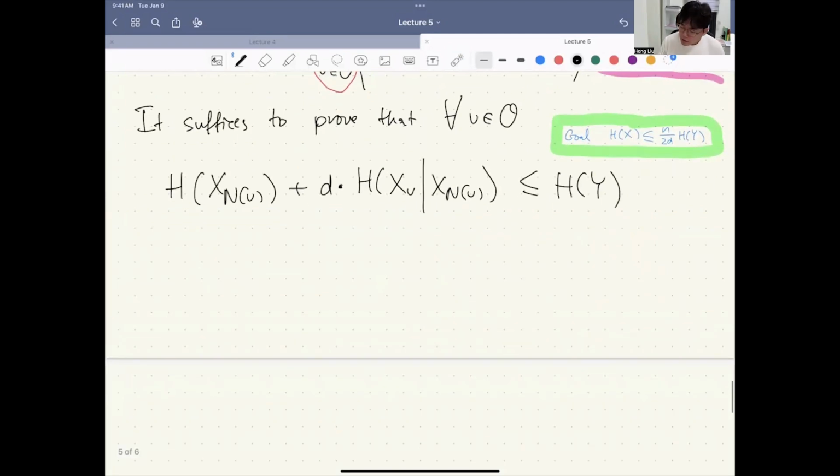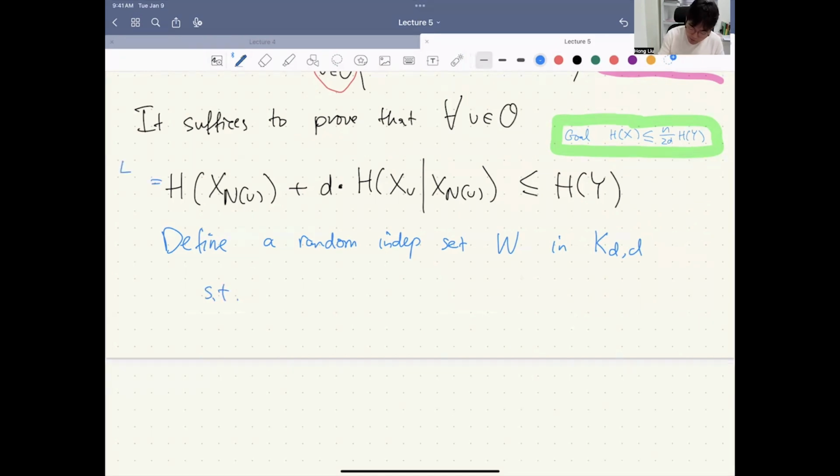And the idea is to define some distribution over independent sets W in K_{D,D}, such that the entropy of W is exactly the left-hand side.